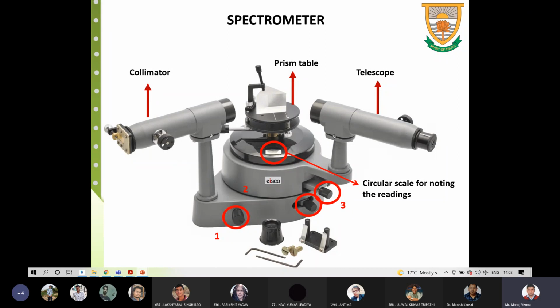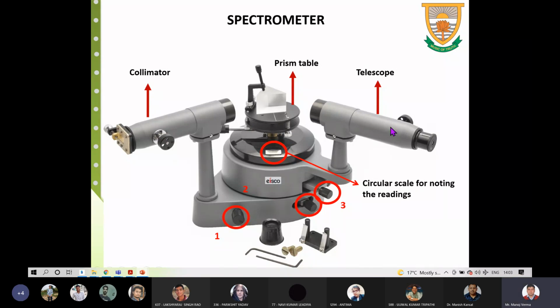The crosswire is in the middle of the eyepiece. When you view through it, you will see a line in the middle of the eyepiece, and that crosswire is used to fix the position of the slit.